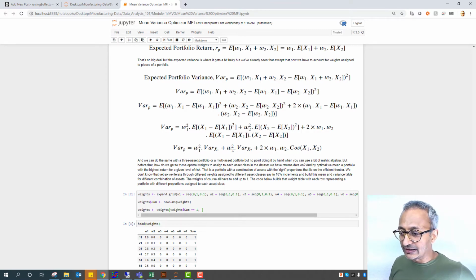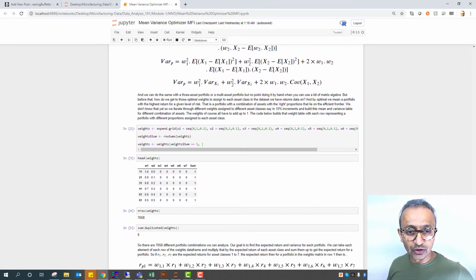We can repeat that same exercise with a three asset portfolio, but there's no point in doing it by hand when you can use a little bit of matrix algebra. In this entire course you will not be using matrix algebra, but it is something you probably would have done in some high school math classes, if you ever had a chance.